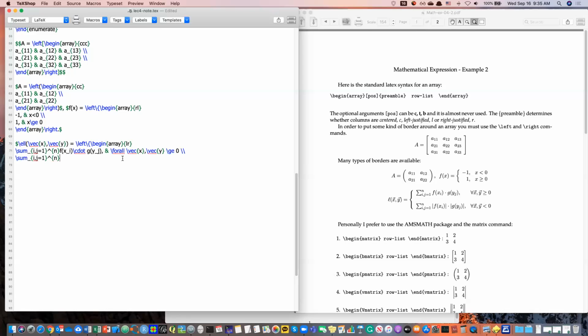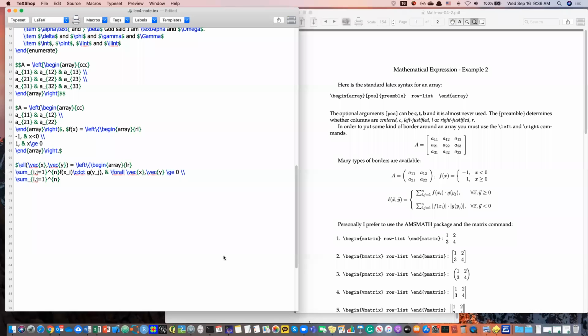Normally we just put the vertical line. We put this, but give me a second. Yeah, so usually just a vertical line right here.